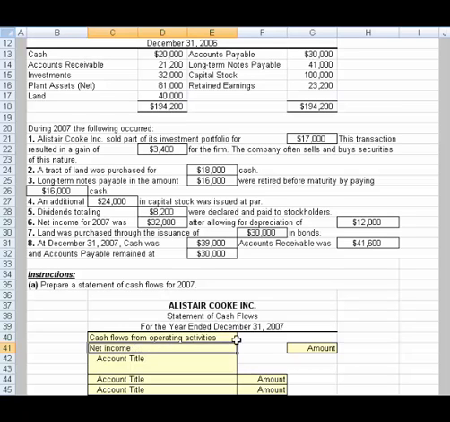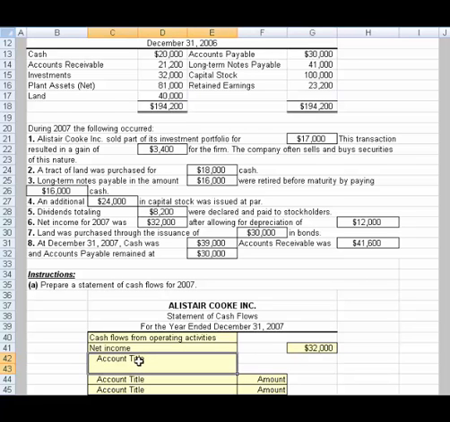Now, normally net income is the first thing that's calculated, and they tell us that net income for 2007 was 32, I'm going to say thousand. Was this in thousands? No, this is actually in whole dollars. Okay.